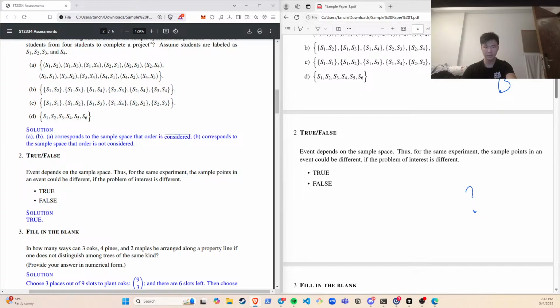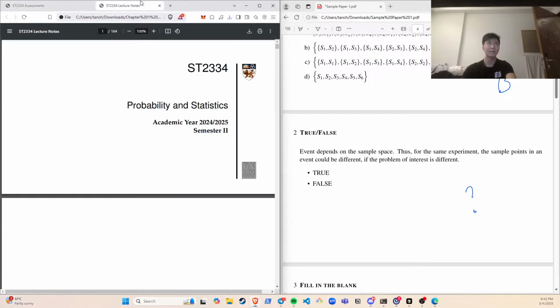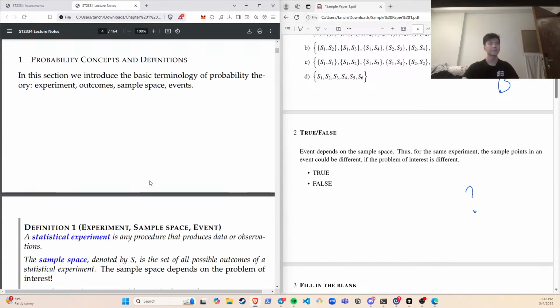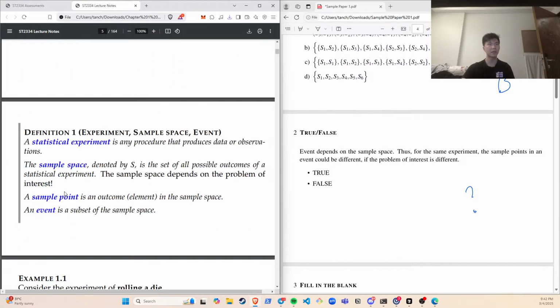Let's see, lecture notes. Going back to the very basics. Okay, yeah. So this is going back to the very first topic where they define the definitions, right? Okay, so the sample space, sample points, then the subset.